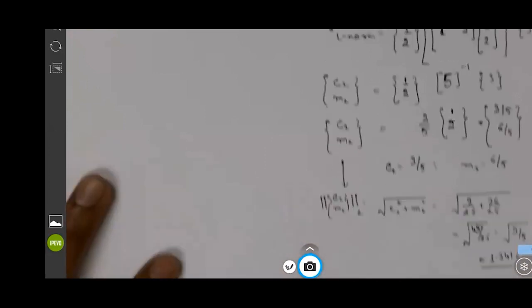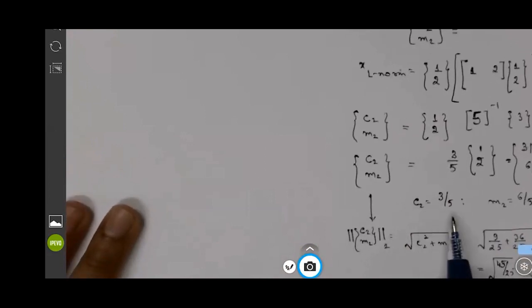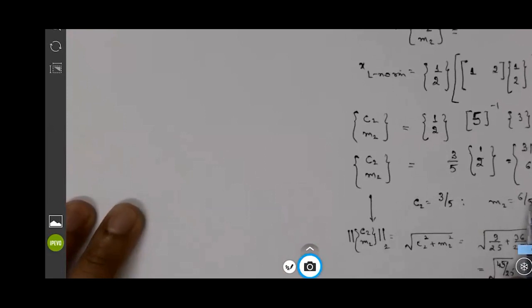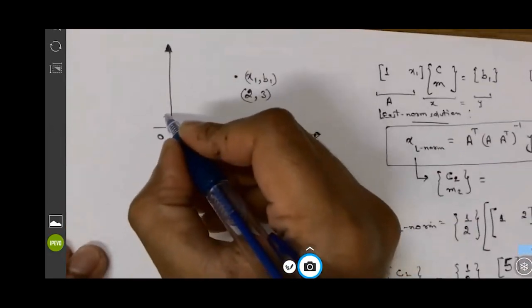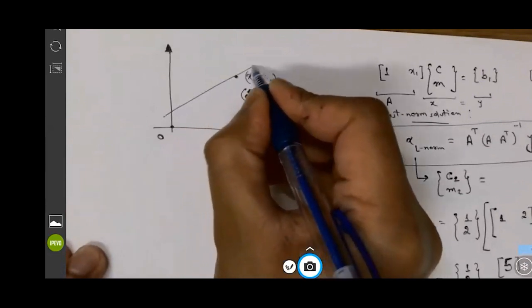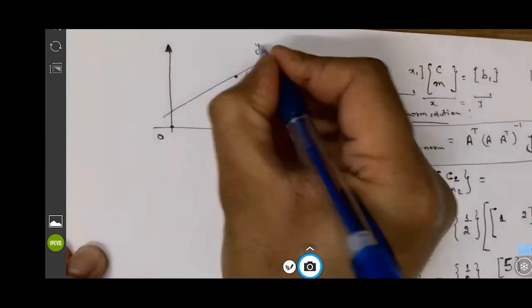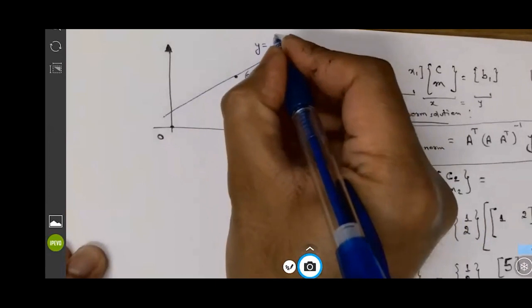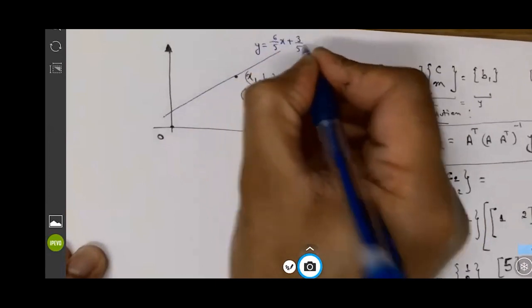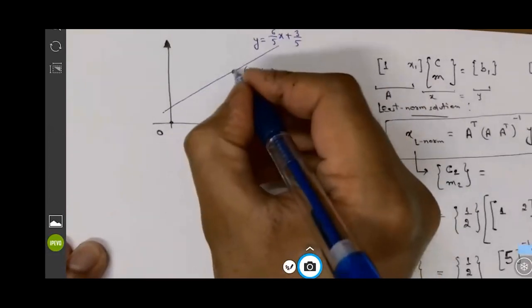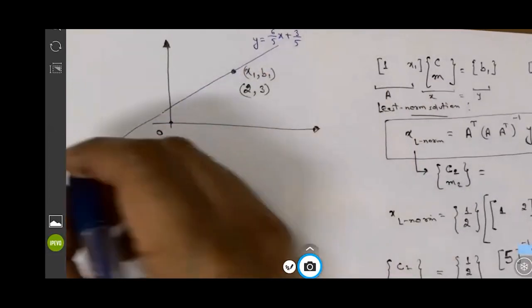So if I have a straight line that has an intercept of 0.6 and slope M2 of 1.2, then basically I have a straight line with the equation y equals 6 over 5 x plus 3 over 5. So this is the straight line. This is the least norm solution.